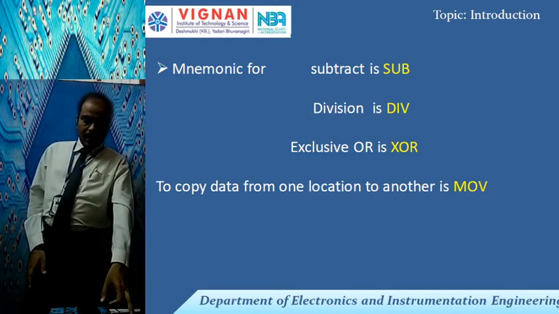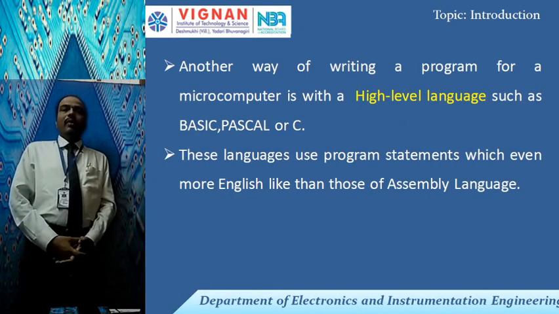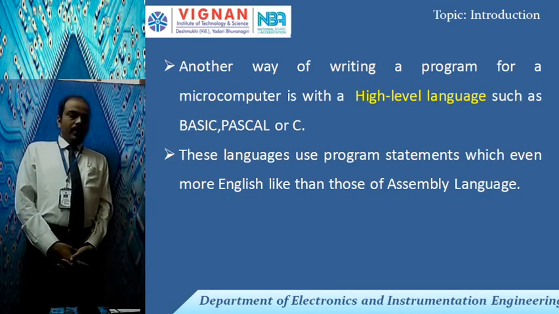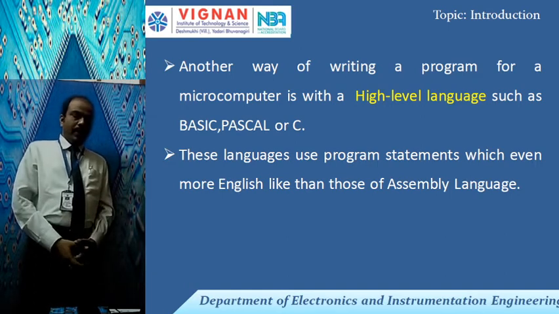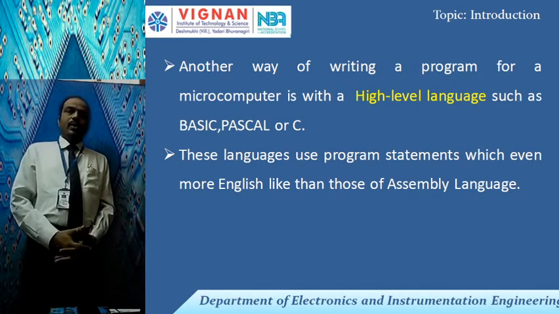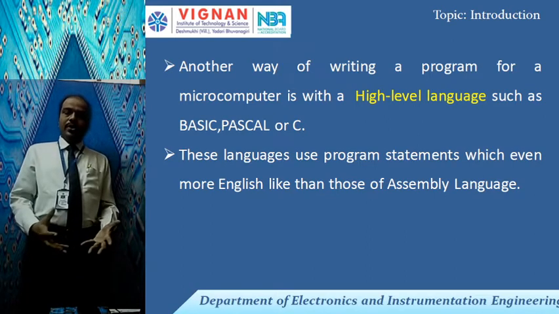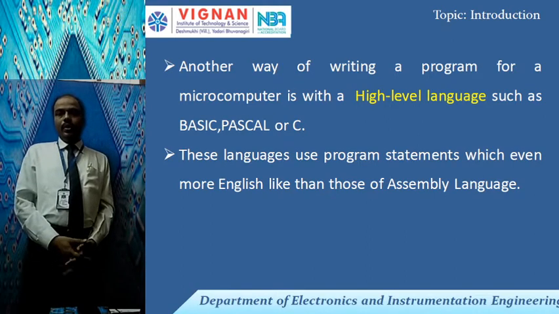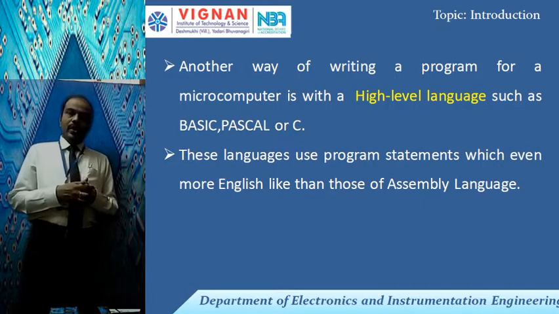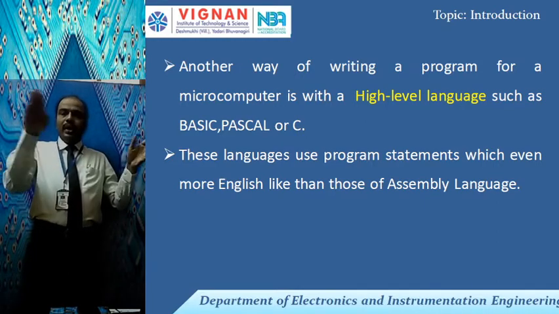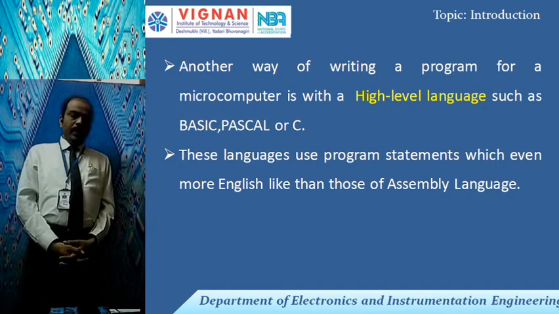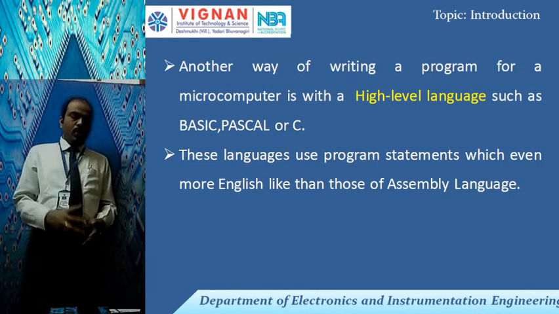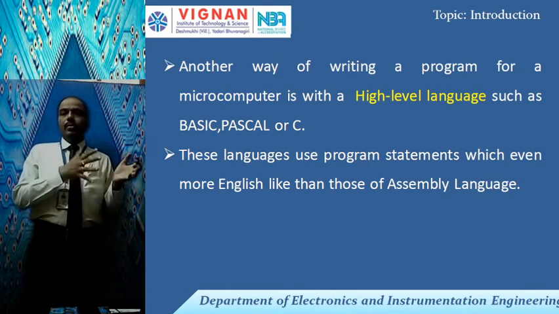But there is another language also available, which is nothing but high level language. Another way of writing a program for a microcomputer is with a high level language such as BASIC, Pascal or Java, COBOL. These are some high level languages. These languages use program statements, complete English statements, which are even more English than our assembly language.